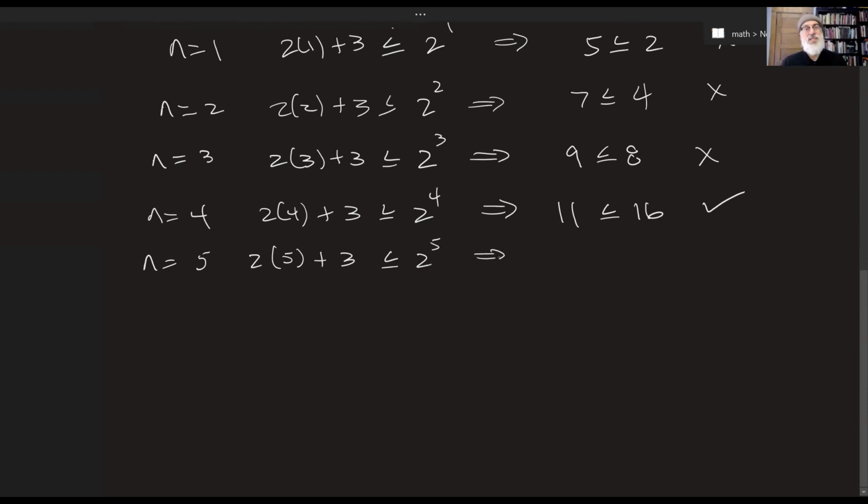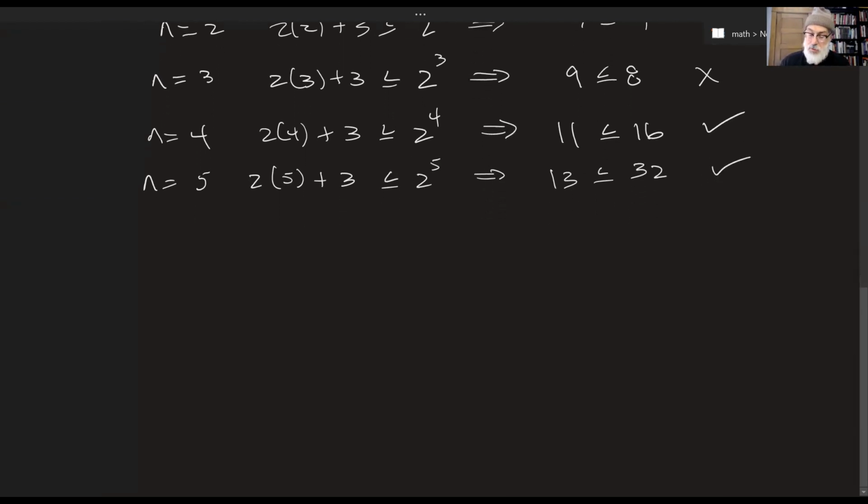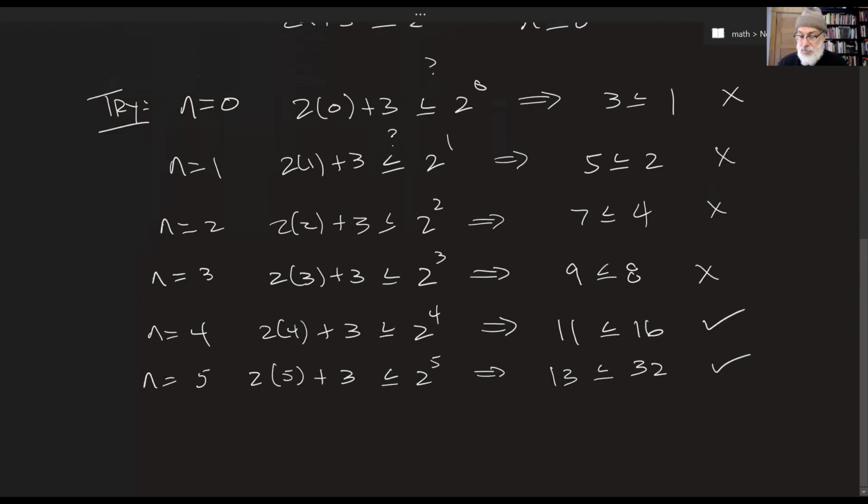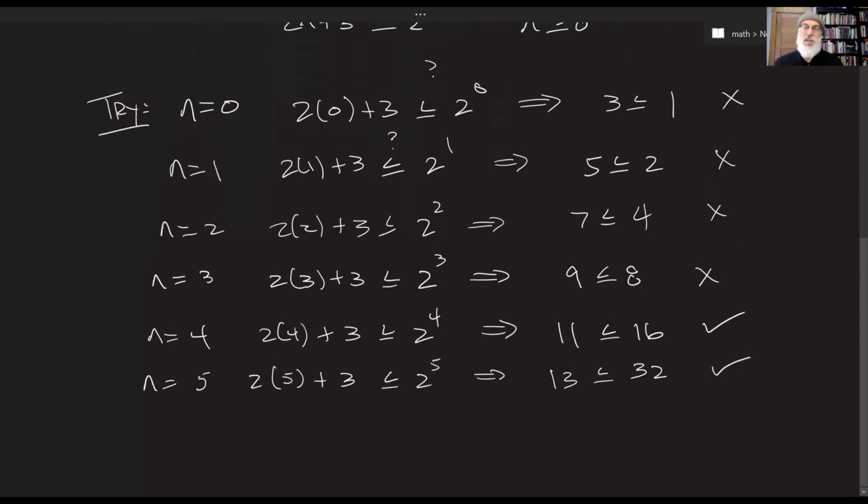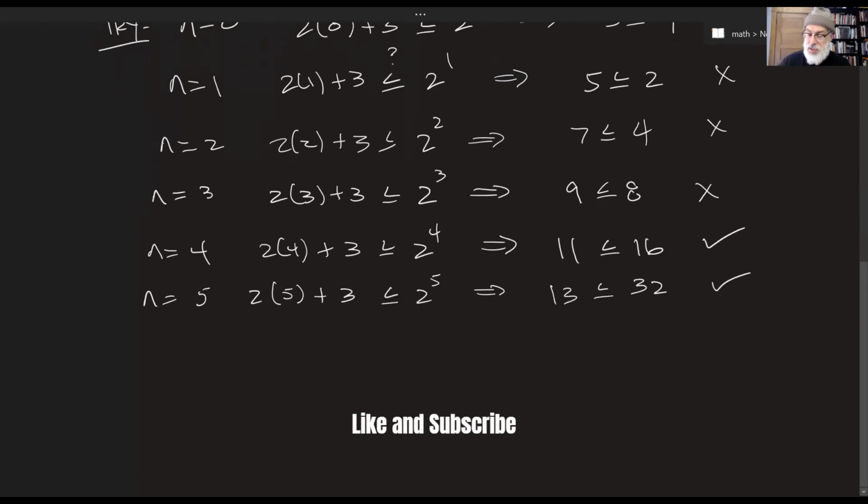So 2 times 5 is 10, plus 3 is 13. And that's less than or equal to 2 to the fifth, which is 16 times 2, which is 32. So yes, that holds. We can see that the pattern here on the left side of the inequality is growing by 2, and on the right we're obviously going up by a factor of 2 to some n. Like I said earlier, if you have a better guess, you could have probably started with 3 or 4. But just to be thorough, this is what we get.